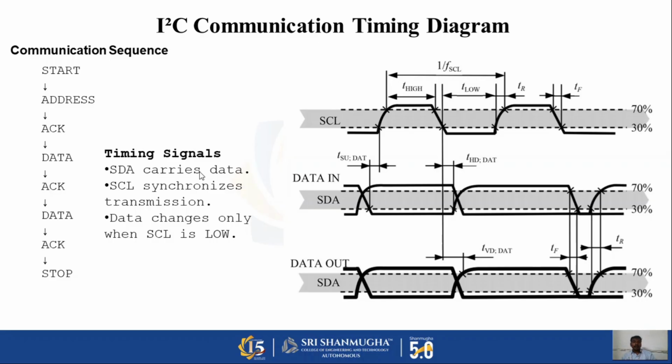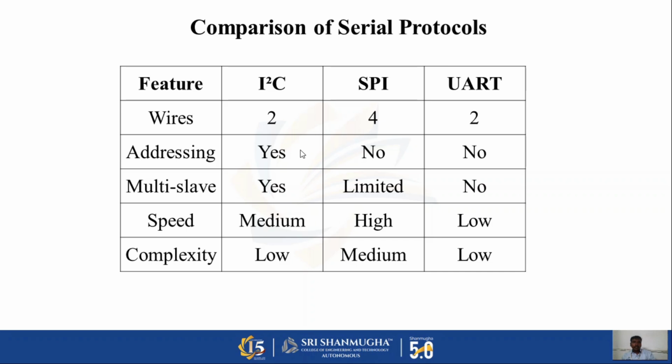Finally, communication ends with a stop condition. Observe carefully, the SDA carries the data while SCL carries the clock signal. Another important observation is that data changes only when the clock is low and remains stable when the clock is high.